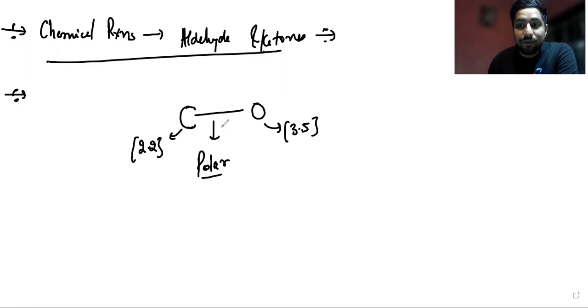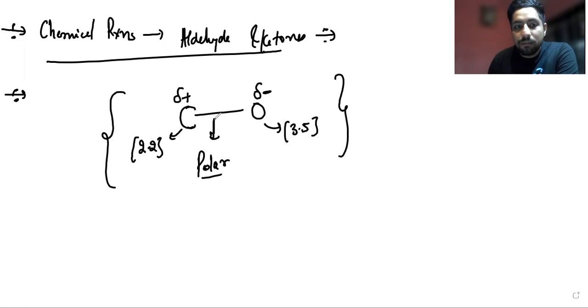So due to this electronegativity difference, a partial negative charge develops over the oxygen and a partial positive charge develops on the carbon. This makes the carbon-oxygen bond polar because the electrons are being attracted towards the oxygen because of its high electronegativity.